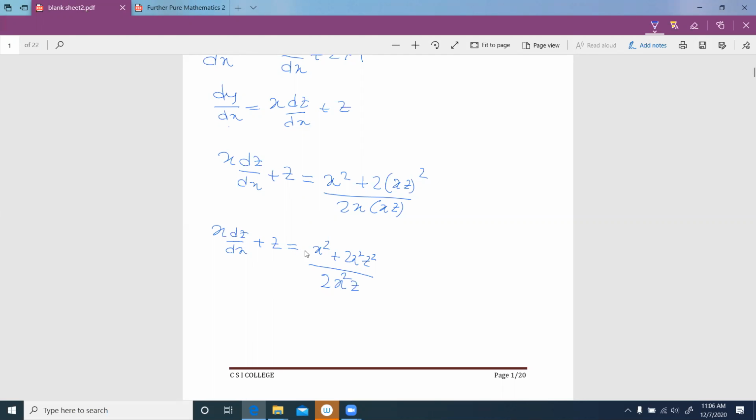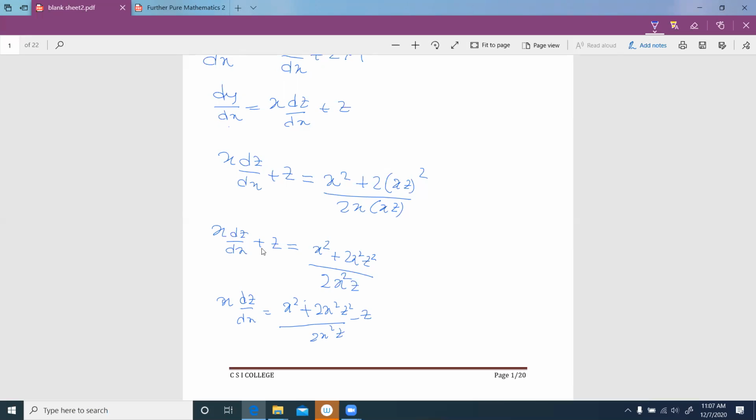x dz over dx. So I just bring this z to the other side. Then x dz by dx is equal to x squared plus 2x squared z squared over 2x squared z, minus z.